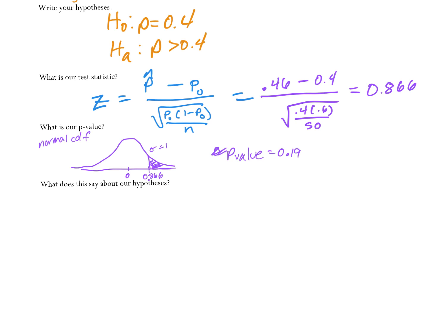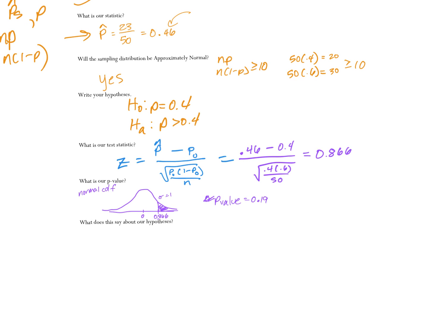All right, now I want to talk to you guys about what that value really means, okay? What is that? It is basically saying if the actual percentage is in fact 40%, the likelihood of getting a sample of 46% is about 0.19, which is a 1 in 5 shot.